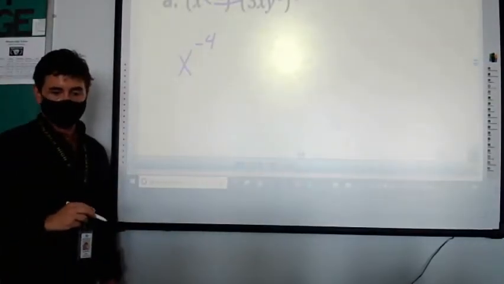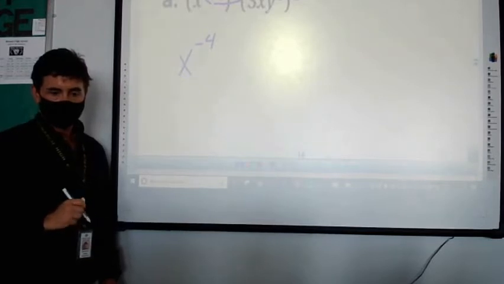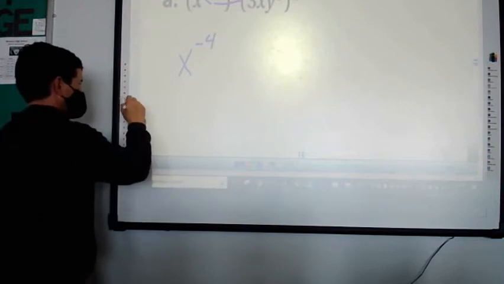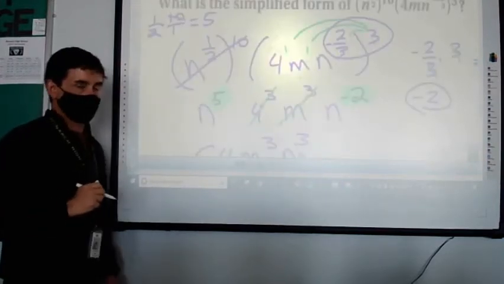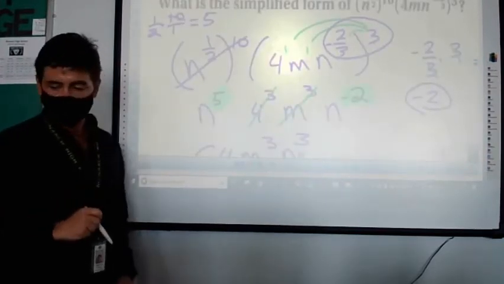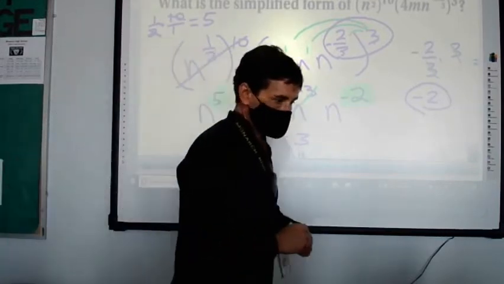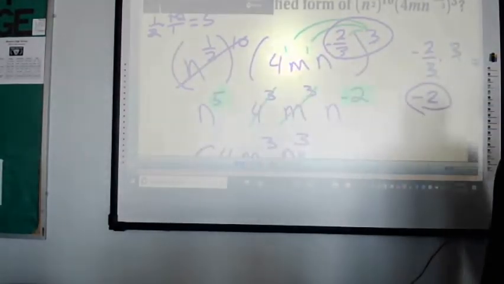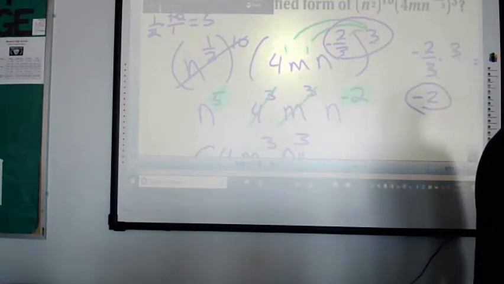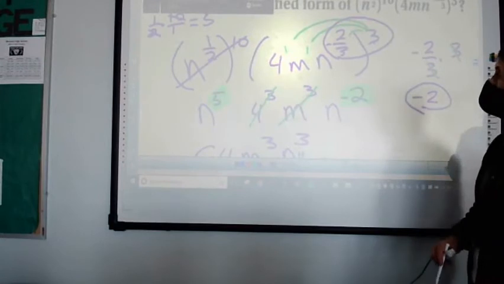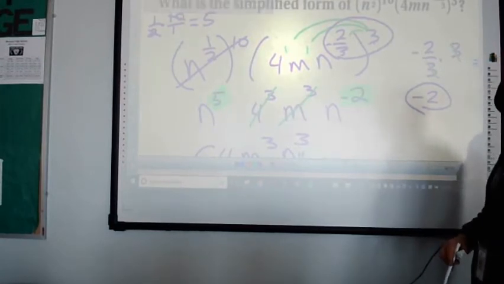Shay, what's your question? It was about the other problem. Okay, go for it. So when you did the first cross cancel for the fractions, how did you get 5?